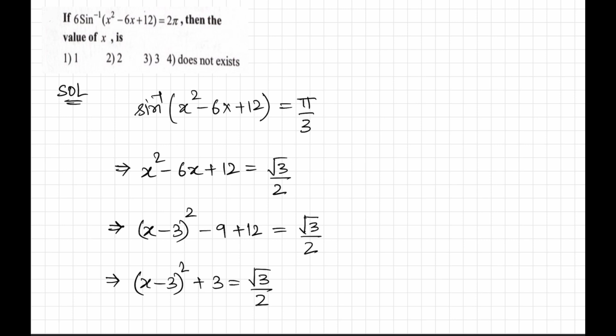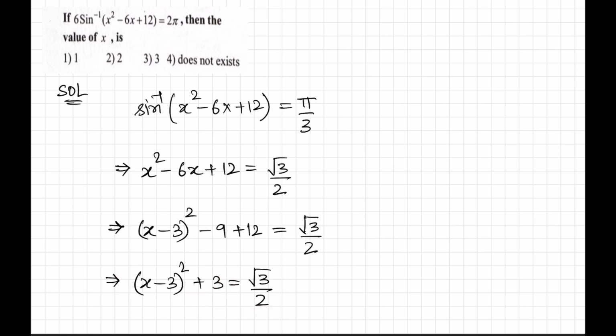Now ध्यान से समझो, we know students कि this will always be greater than or equal to 0, और अगर हम इसमें 3 ऐड कर देते हैं, so the minimum value of this left hand side is 3, and therefore this expression can never be equal to root 3 by 2.